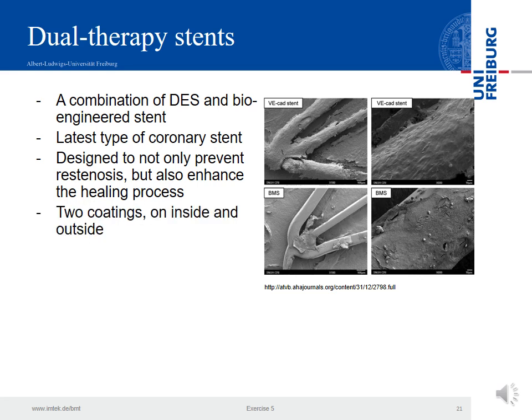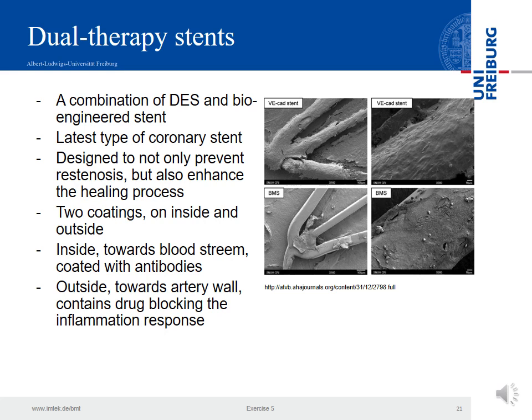There are two coatings, one inside, one outside, so very sophisticated mechanisms. Towards the bloodstream, they're coated with antibodies. Outside, towards the artery wall, they contain drugs blocking the inflammation response, and therefore you reduce the inflammation response while the cells grow on the inner surface.